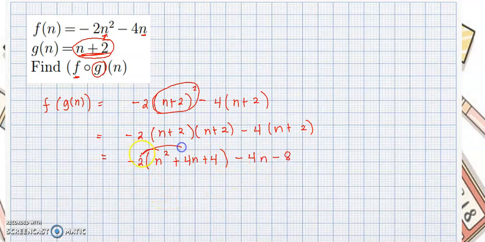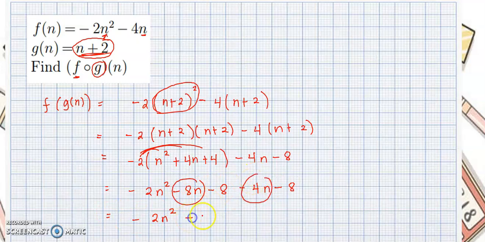Then we distribute this part. So this would be -2n squared minus 8n minus 8 minus 4n minus 8. Then we combine similar terms. This would be -2n squared. Then these are similar, so this would be -12n. The -8 minus 8 is -16. So this is the answer.